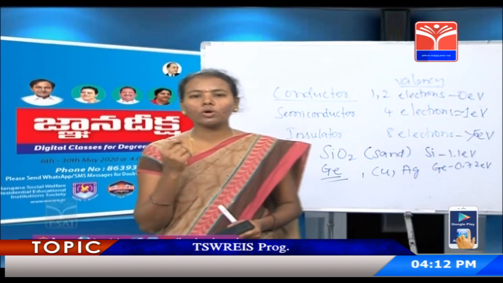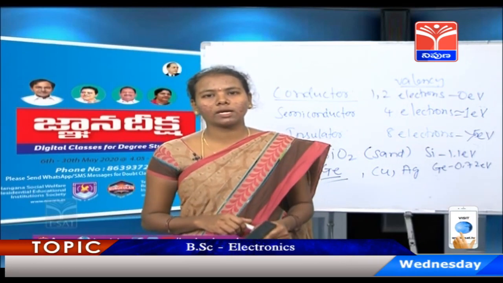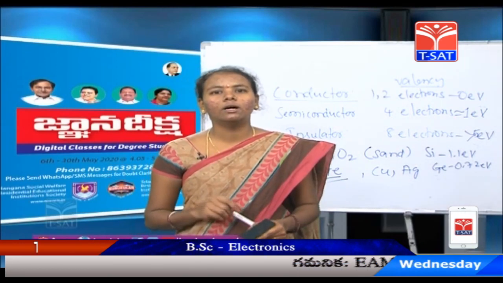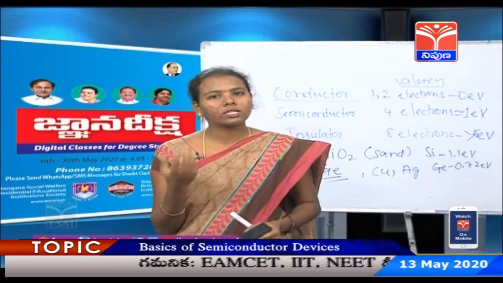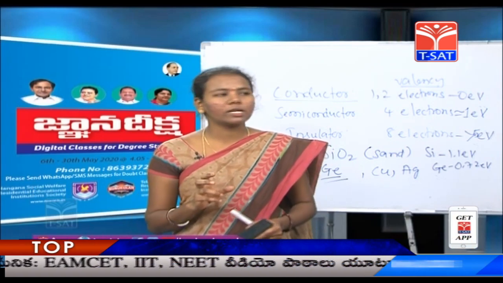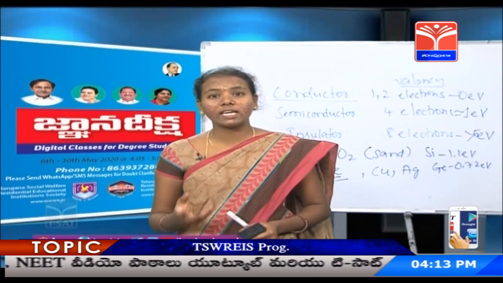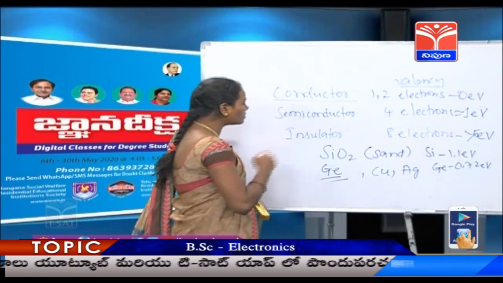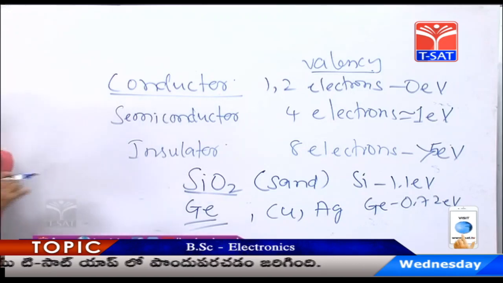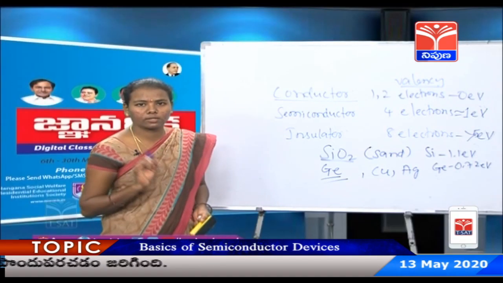One more property of silicon which makes it more useful is the ease of making oxides. Silicon dioxide can be formed very easily, and it acts as a perfect insulator.